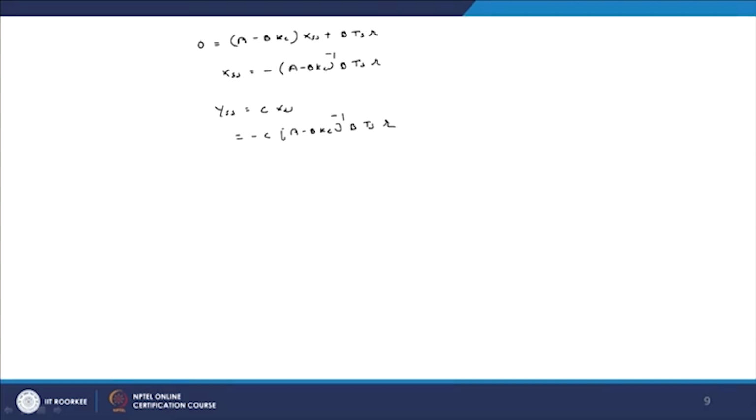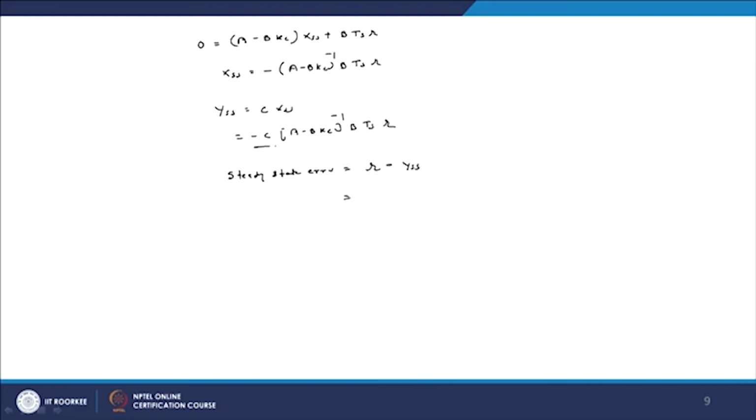Now, about the steady state error: the steady state error is given as the reference R minus the steady state output, that is yss.